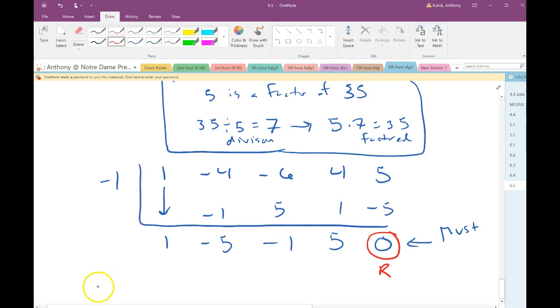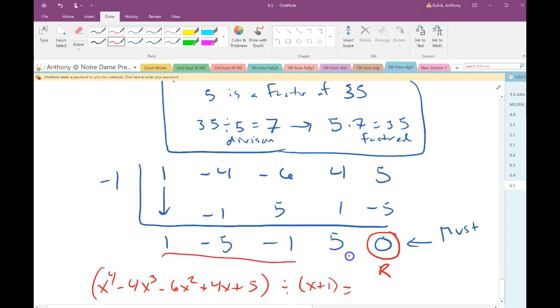So what this tells me is that x to the 4th minus 4x cubed minus 6x squared plus 4x plus 5, that was my original problem, divided by x plus 1, that was my hint, equals the quotient, with the constant term, x coefficient, x squared coefficient, x cubed coefficient, like this.